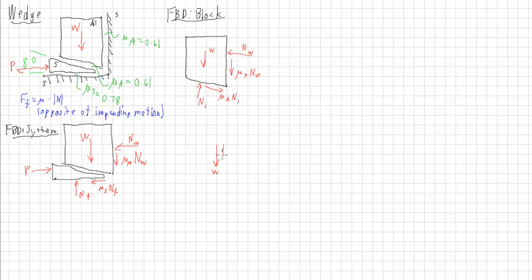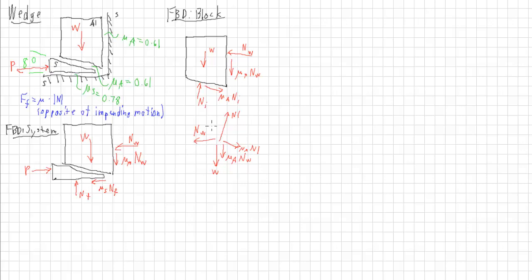So we got our weight, frictional force at the wall, our normal force from the wall, and there's mu A N I.